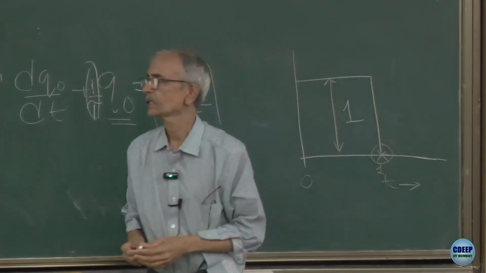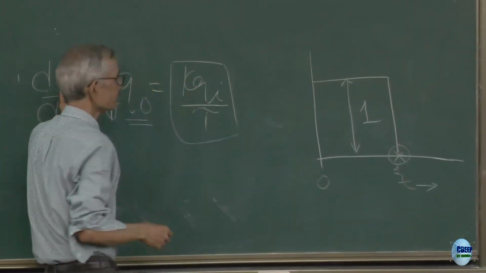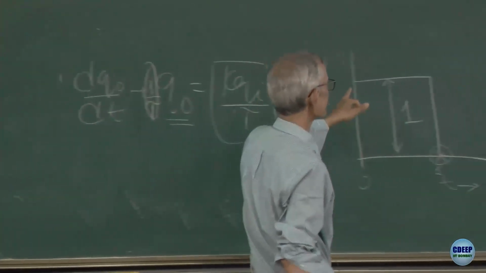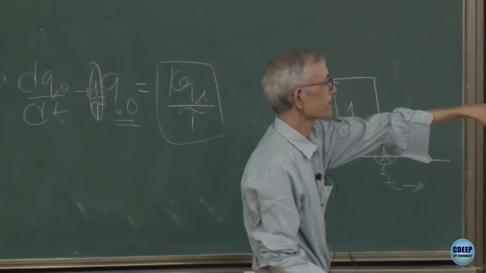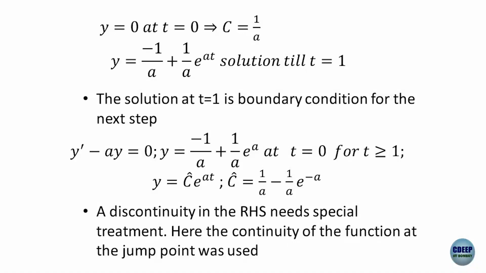But remember, in such a situation we need to make sure that the variable you are solving for is continuous. The solution to the next part has an initial condition that comes from the solution of the previous part. So this was what we did for the discontinuity on the right-hand side.